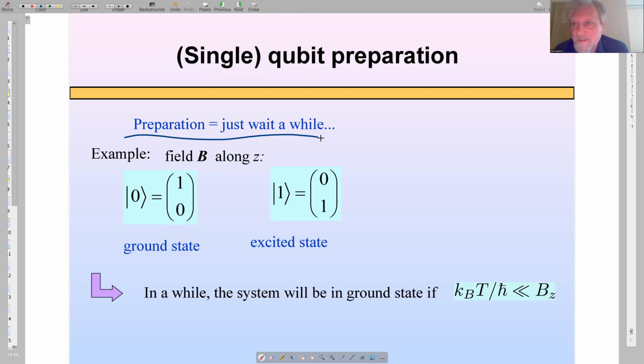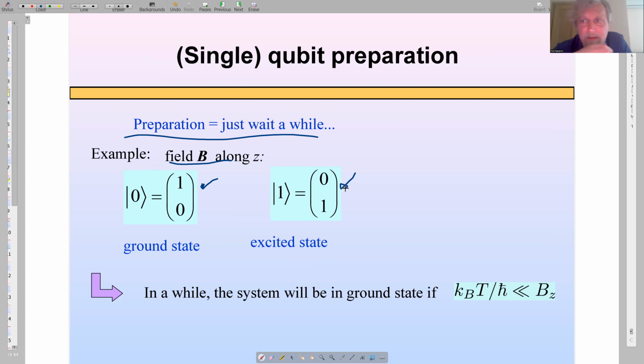We just have to wait. We just have to allow interaction with the outside world to thermalize the state of the qubit. Suppose we have a Hamiltonian where field B is along Z. Then we have two eigenstates of the Hamiltonian: ground state and excited state.